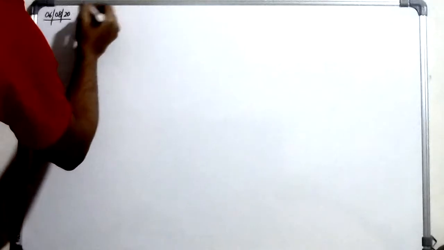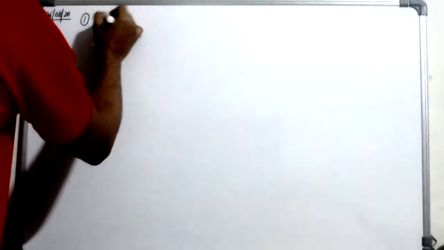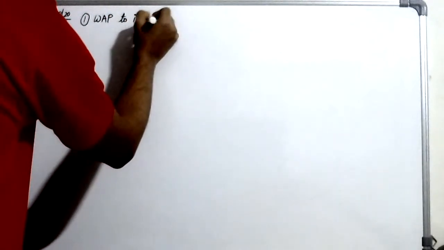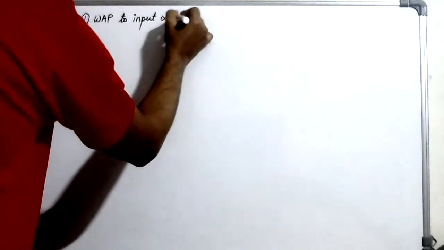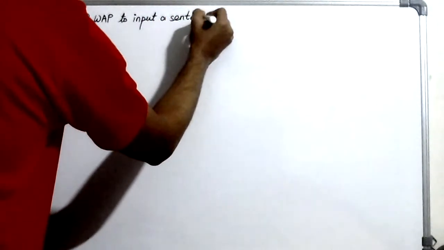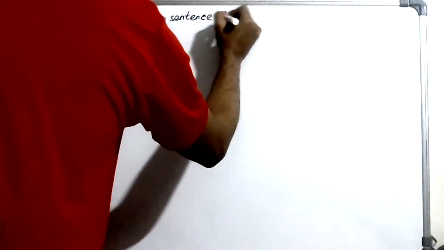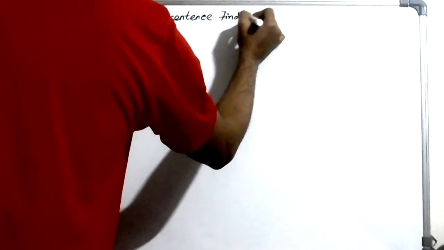So just make a note of the program question and then we'll start with the program code. So here is the question. Write a program to input a sentence, find and display the following.